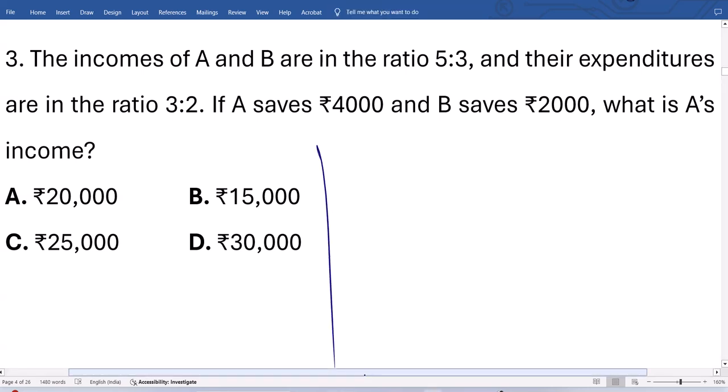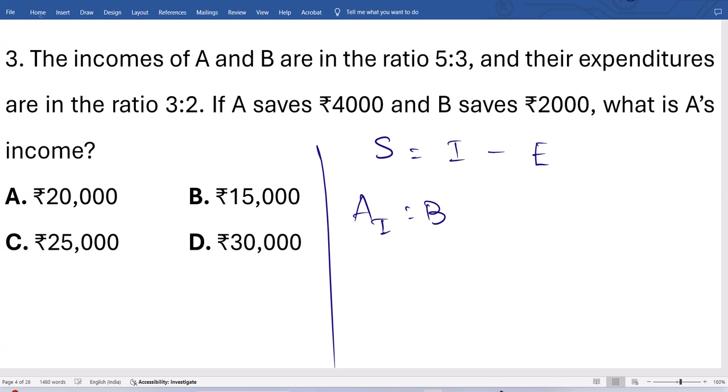See, first the concept: savings is income minus expenses. Now, the A income and B income in the question are 5 and 3, so I can write A income is 5K, B income is 3K.